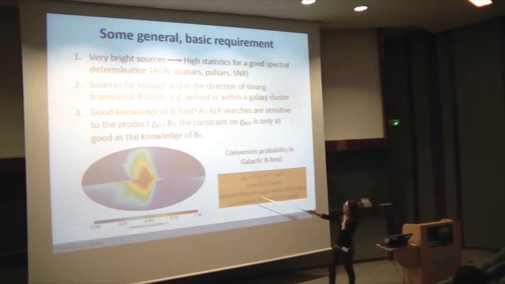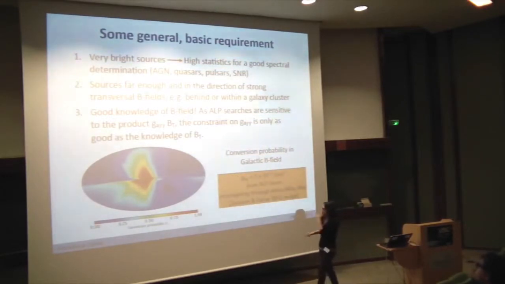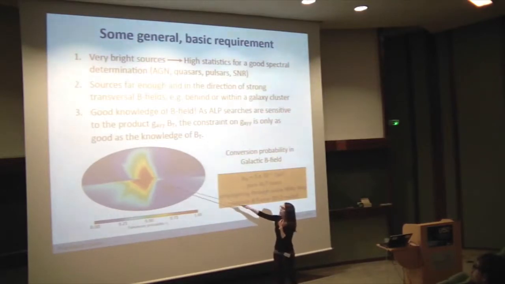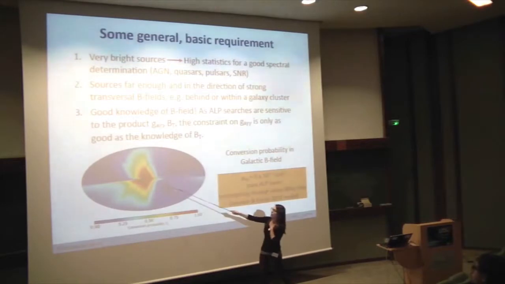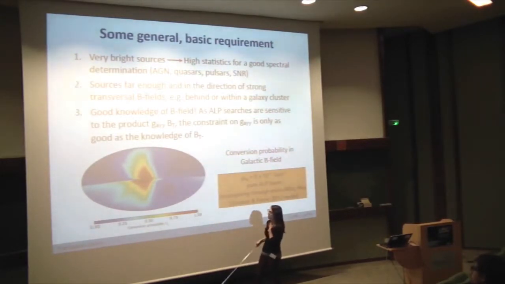So this is an example of the conversion probability in the Milky Way magnetic field. I don't know how many of you are familiar with that, but this is a North Sky map in longitude and latitude coordinates. This is the direction of the galactic center, and this corresponds to the disk of the Milky Way.